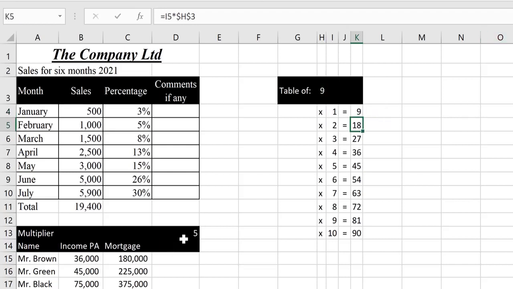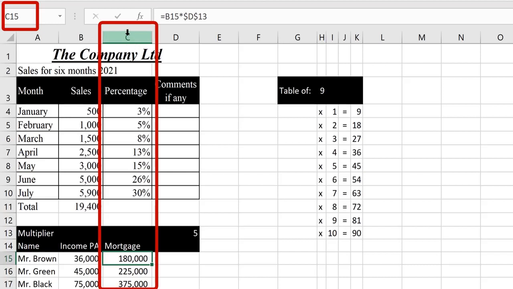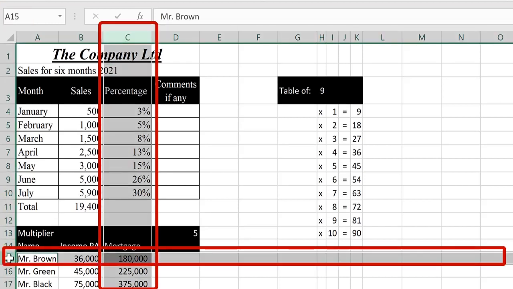In the second example, D13, both column D and row 13 have been made absolute. Basically for every cell there is an address, composed of an alphabet representing the column and a number representing the row. In this case C is the column and 15 is the row.